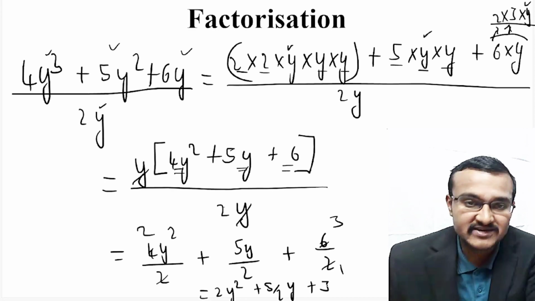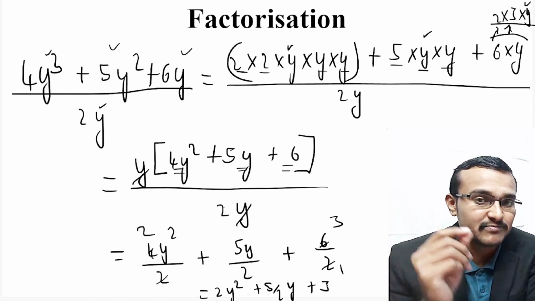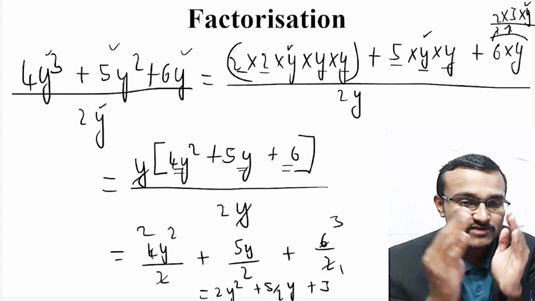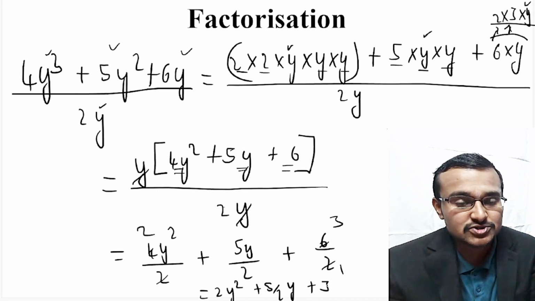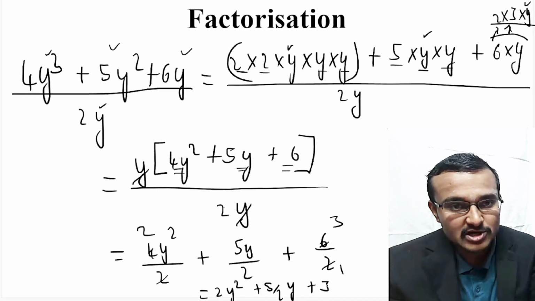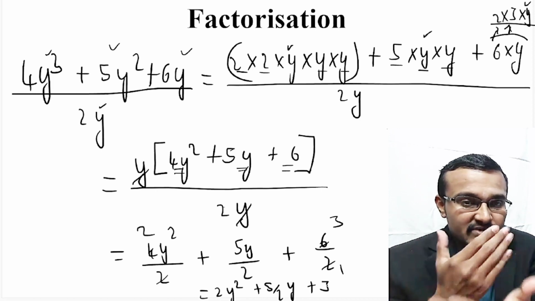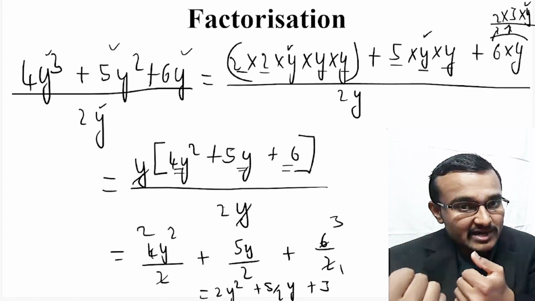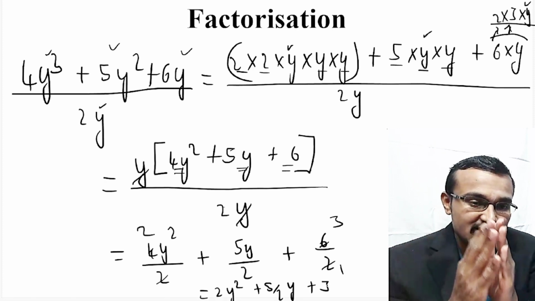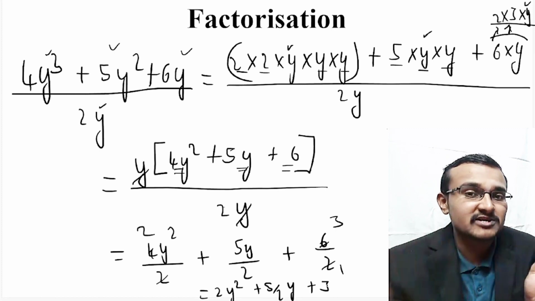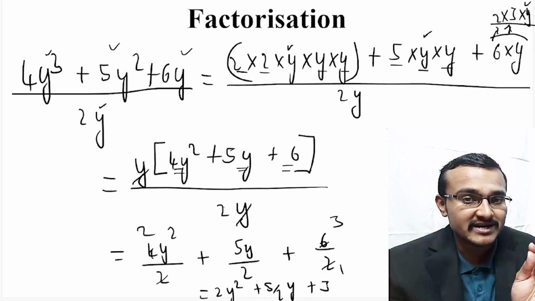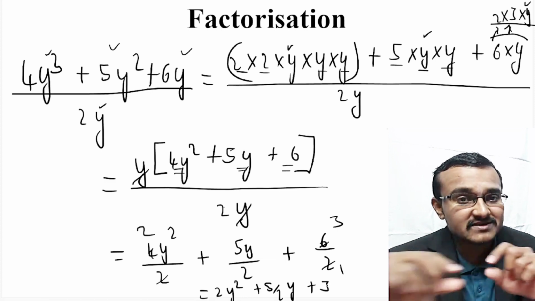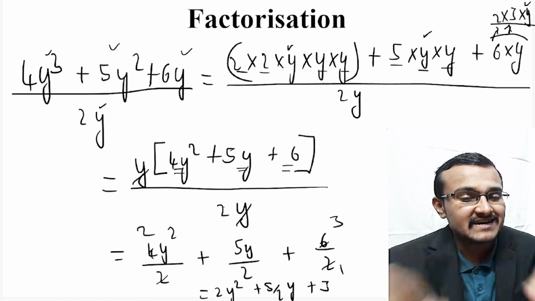So always when you divide a particular polynomial, at that time you should take whatever common elements are there in the terms of that polynomial, and then only you can perform division. Even if you are doing polynomial divided by a polynomial, at that time also you should take common terms in the polynomial on the numerator and common terms in the polynomial in the denominator.